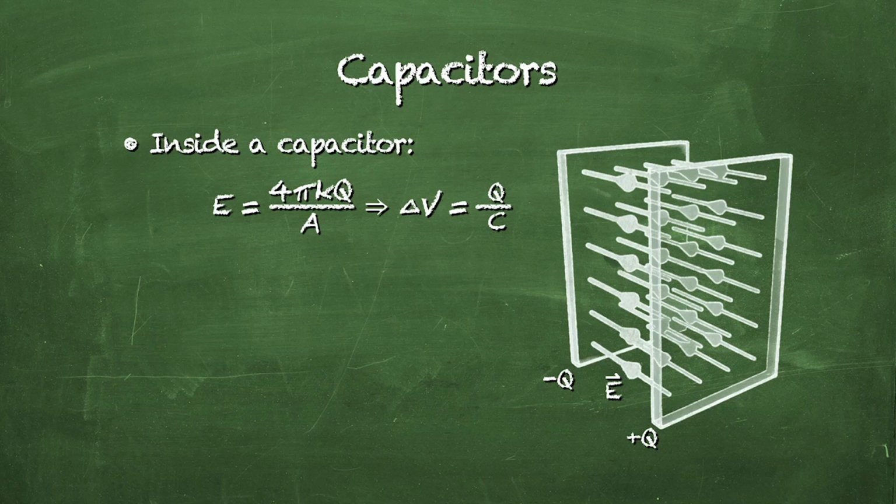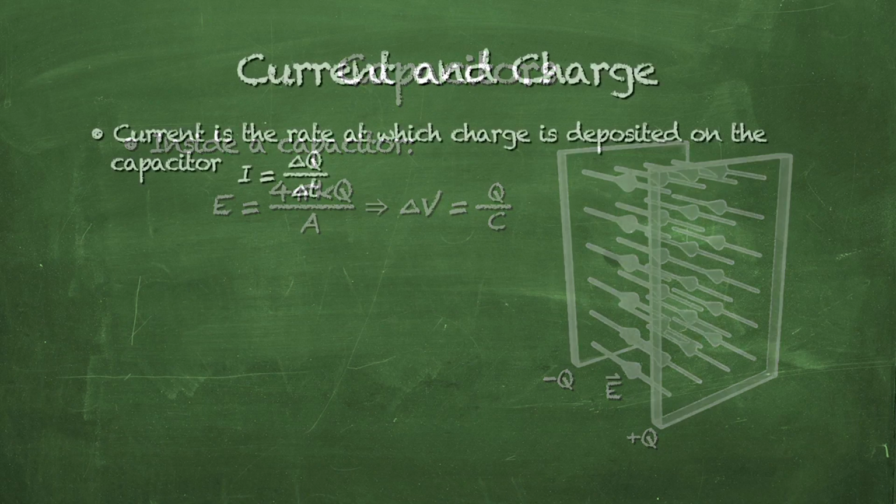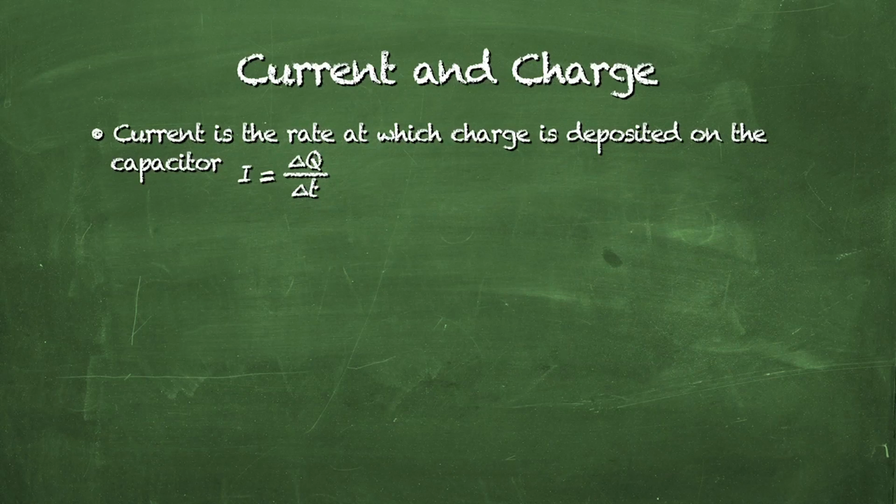All of that gets wrapped up into our capacitance C. So the change in voltage across the capacitor depends on the charge that we put on the capacitor divided by the capacitor's capacitance.